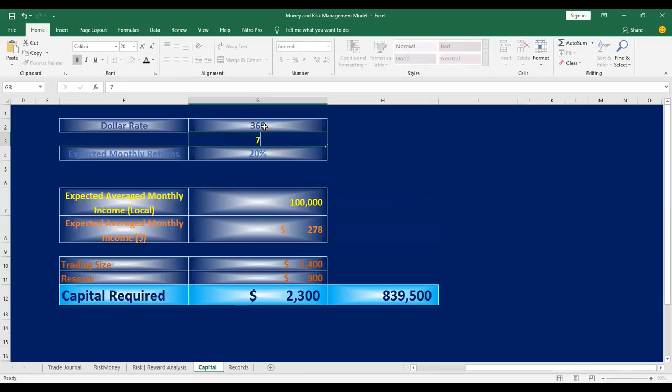So you are supposed to first put the dollar rate here, if, for instance, you want to estimate how much you have in Naira or in your own local currency. Then, based on the strategy that we've talked about all this while, since October, you are supposed to know how much returns you can be making on average in a month.